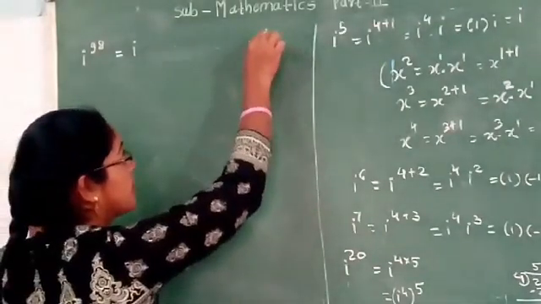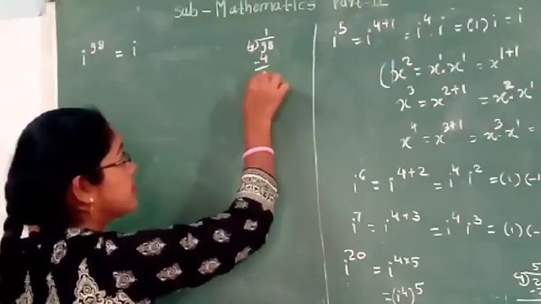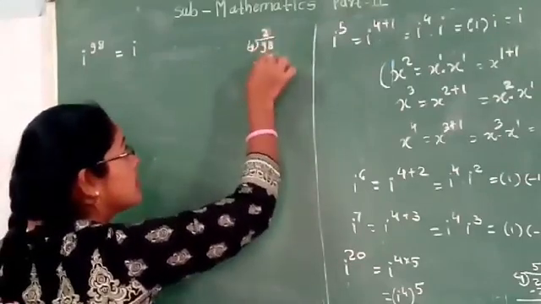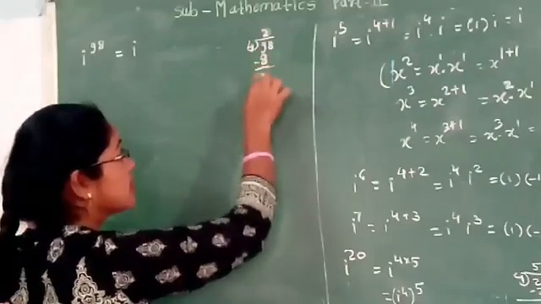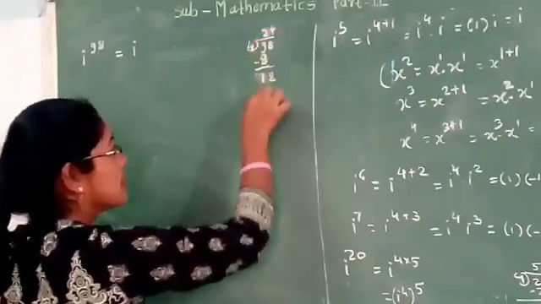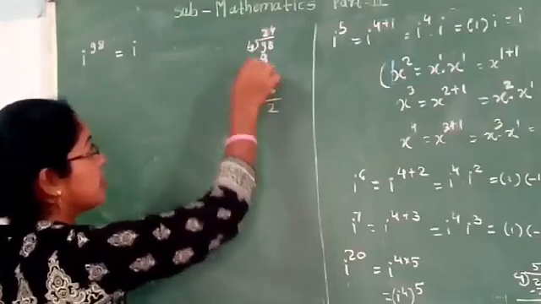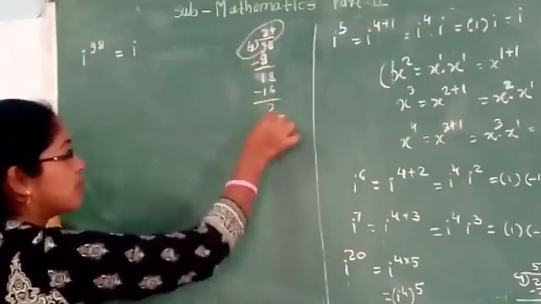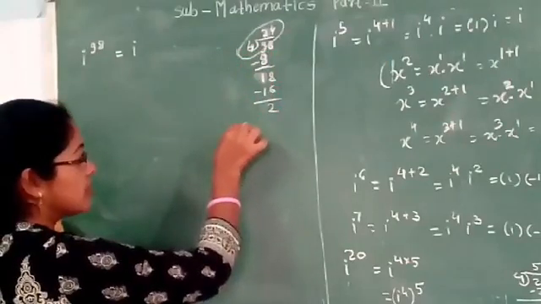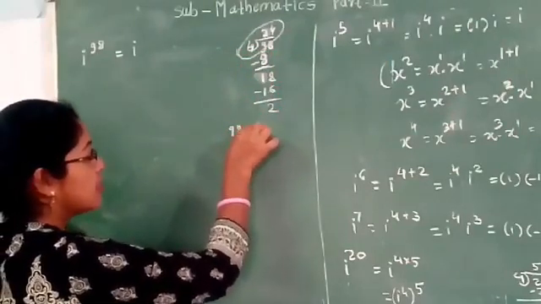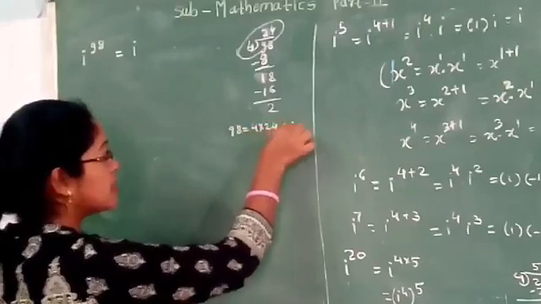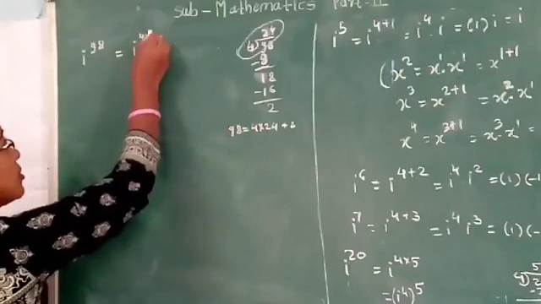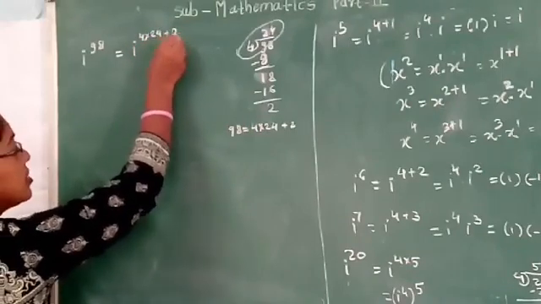Dividing by 4, the remainder is 2. So 24 into 4 plus 2. That's it. 98 is equal to 4 into 24 plus 2. So i raised to 98 is i raised to 4 into 24 plus 2.